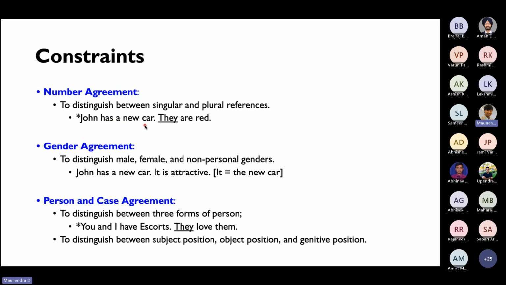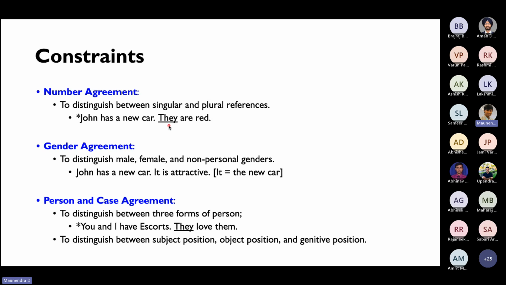So we talked about mentions, and typically, given a text, we identify the noun phrases, named entities, or pronouns as mentions. So from this input, John is a noun and new car is also a noun. They is a pronoun. So these are the phrases that we are considering.